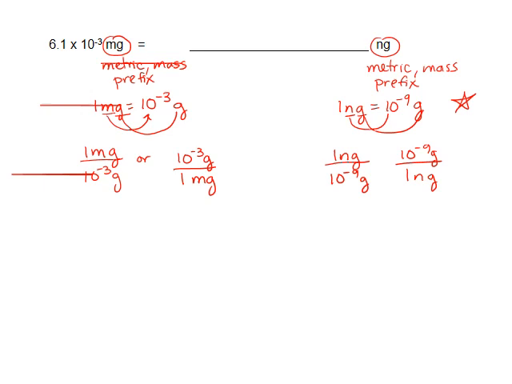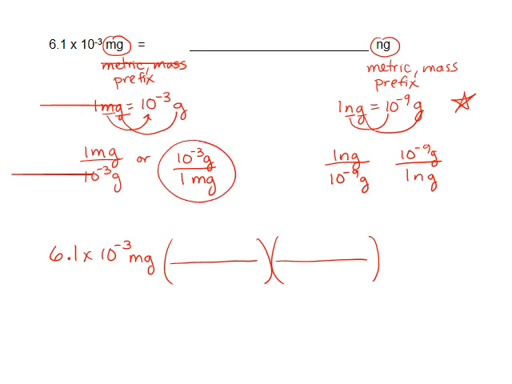The next step is to write the given information with its units, 6.1 times 10 to the minus 3 milligrams. And then we're going to choose conversion factors that allow us to convert from the units we have to the units we want. Since we're starting with milligrams in the numerator, we want to choose the second conversion factor that has milligrams in the denominator.